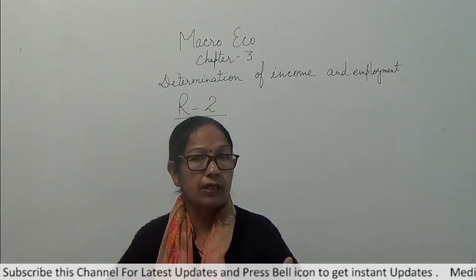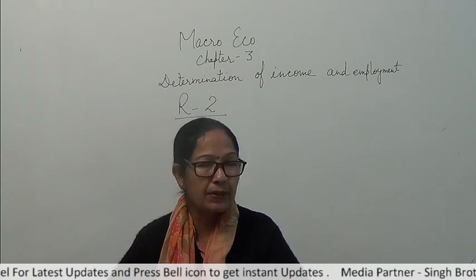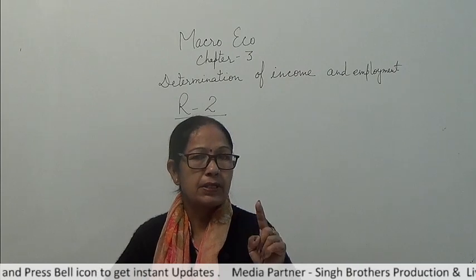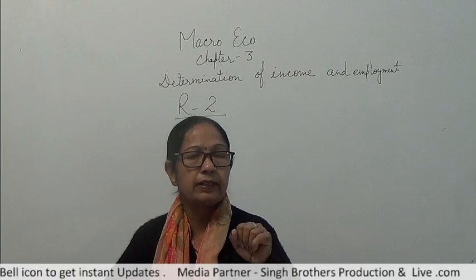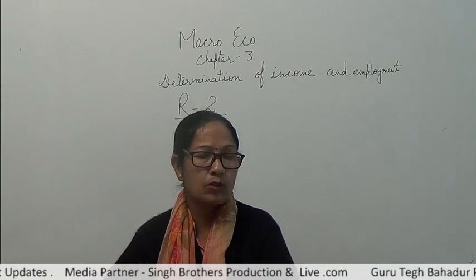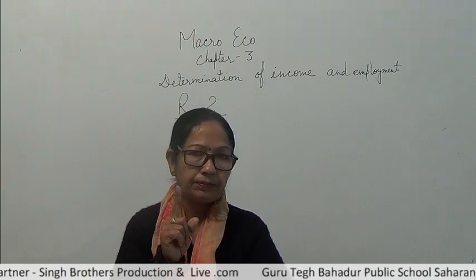And students, one more formula to learn, that the sum of APC and APS is 1. When we sum up these two, the answer is 1.